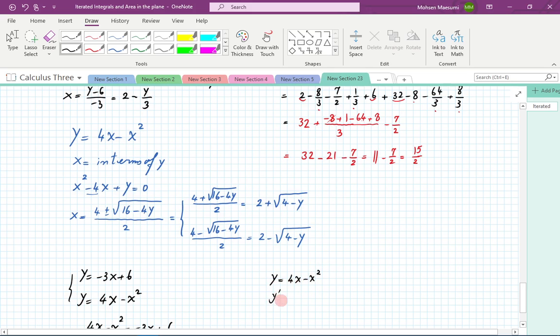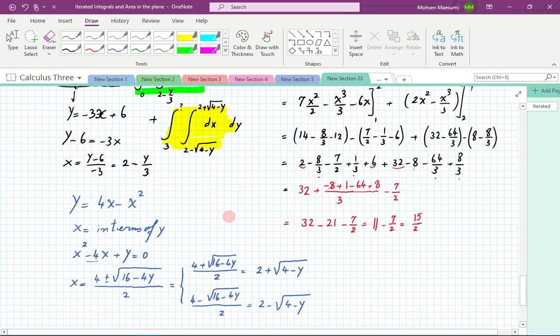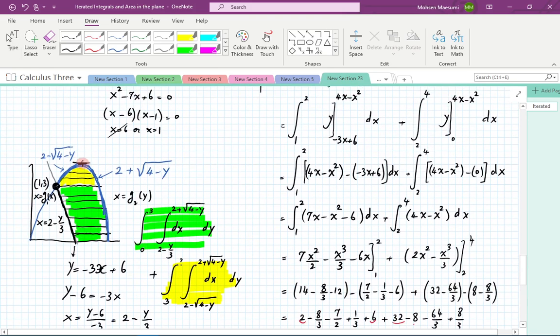So I calculate y prime is 4 minus 2x, set it equal to 0, x becomes 2. When I take 2 and plug it here, y becomes 8 minus 4, and that would be a 4. That means the highest point of this picture is the point with coordinates 2, 4.